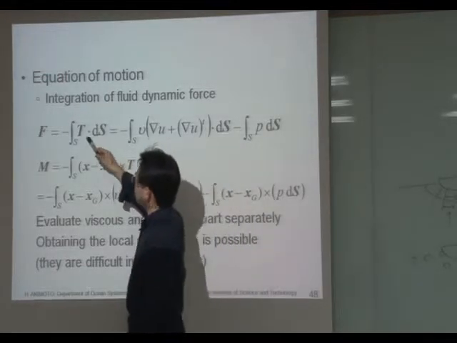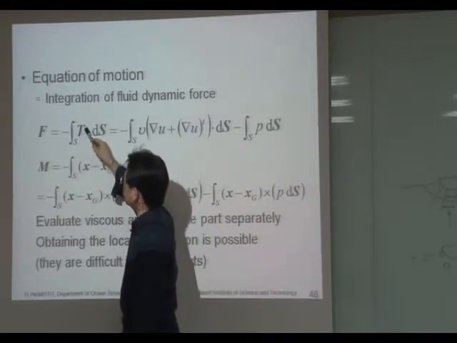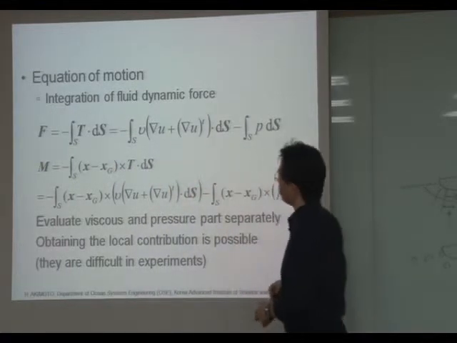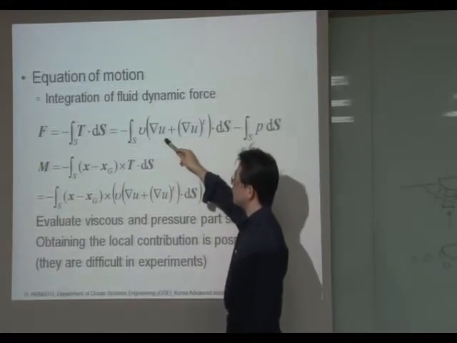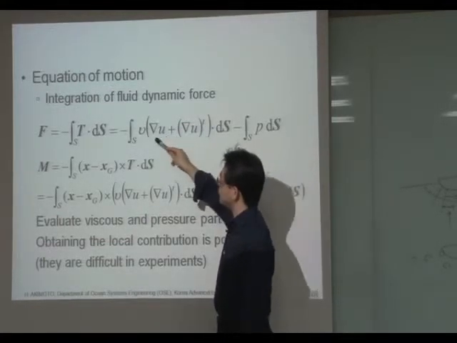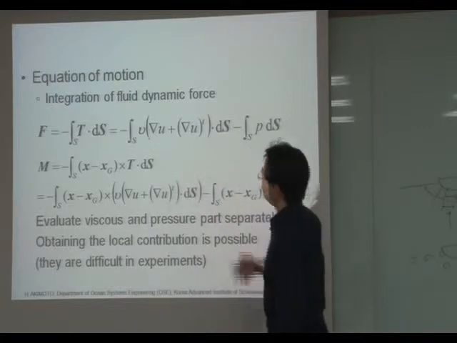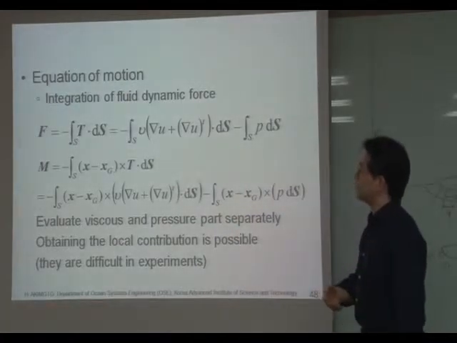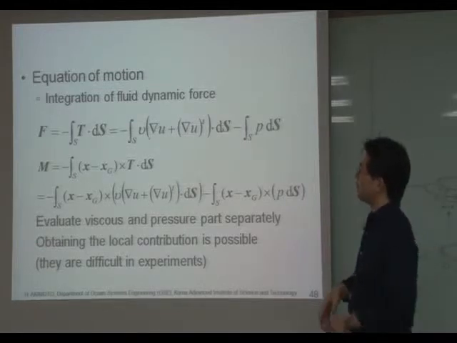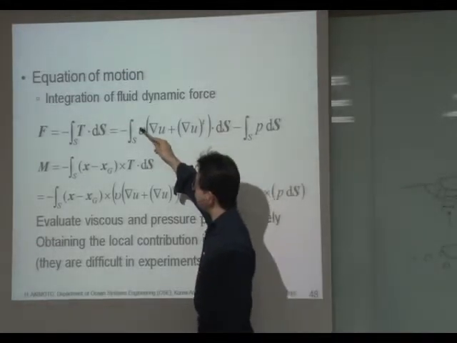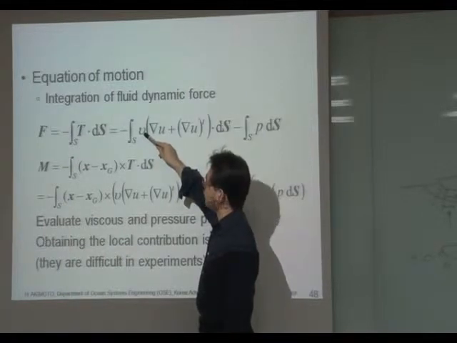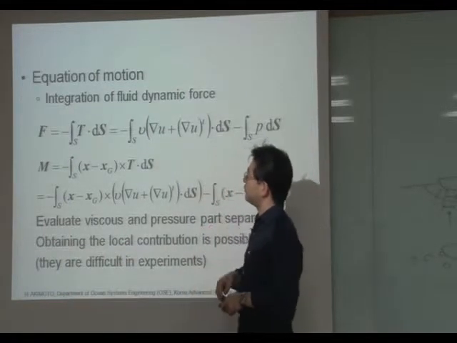If we write the contents of tensor T, it will be like this. It is the viscous term, the diffusive viscous flux on the hull surface. This is nu, the kinematic viscosity of the flow simulation.